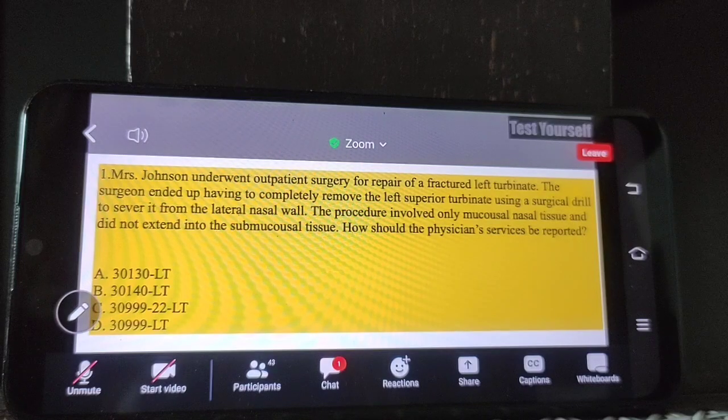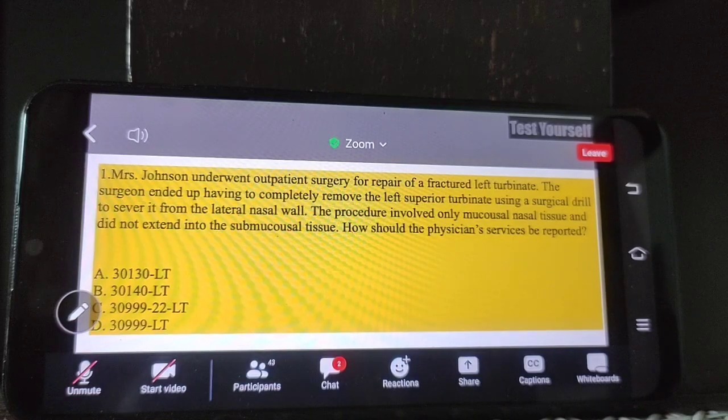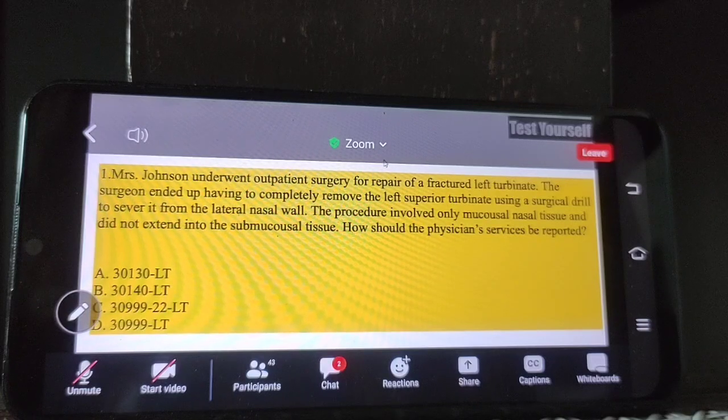Is there any additional time or work spent by the provider here? Is there any documentation to support modifier 22? No, ma'am. Modifier 22 is for increased procedural service.